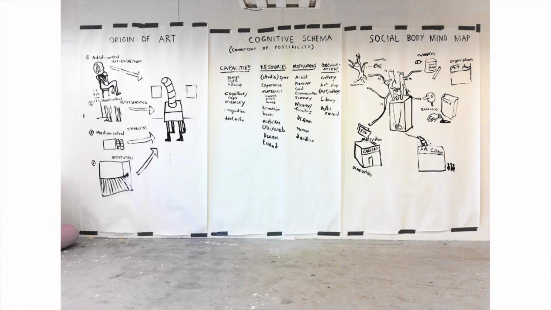This is what I call social body mind mapping. And this started off very much in terms of education, in terms of running workshops, and originally being asked to run a workshop on something.